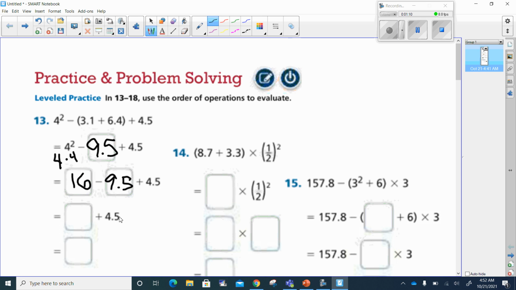All right, 4.5 is down here again, which means we're doing the subtraction part first. We don't have any multiplication here, so addition and subtraction is done in order from left to right. 16 minus 9.5 is going to give us, let's find out, 16 minus 9.5. Notice I'm lining up my decimal.